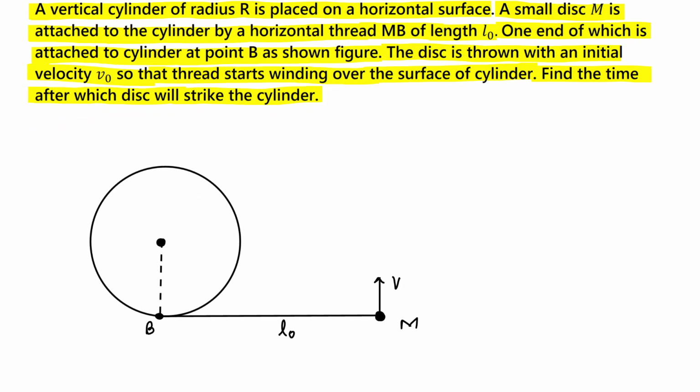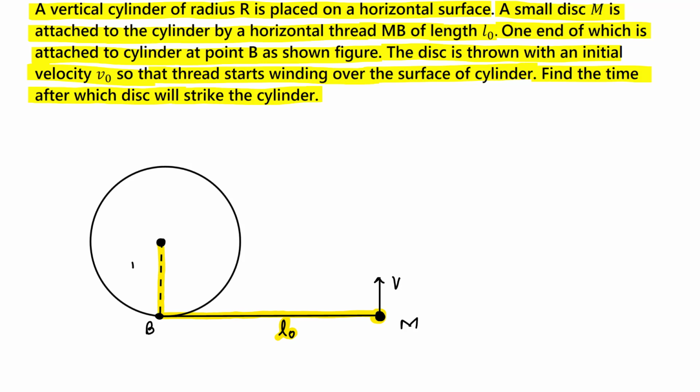So what are the things that are given? Here I have a disk and this disk is attached to the cylinder through a string. The length of the string is given, this is L0, and this is the cylinder, and the radius of the cylinder is also given.